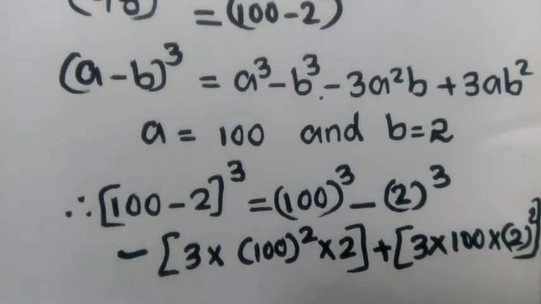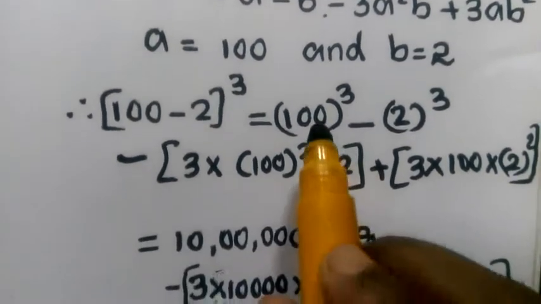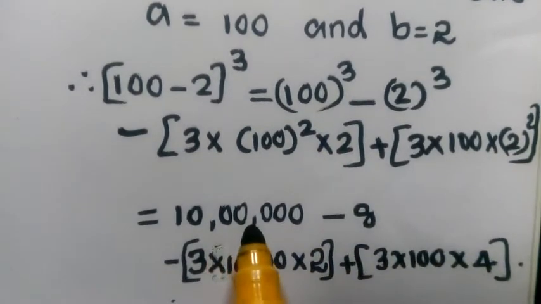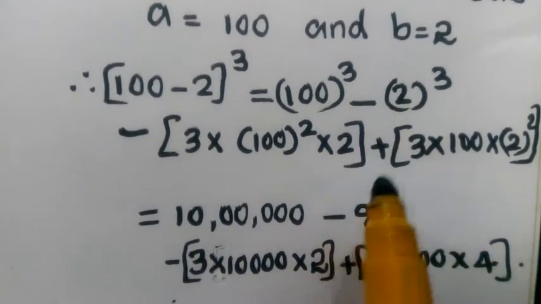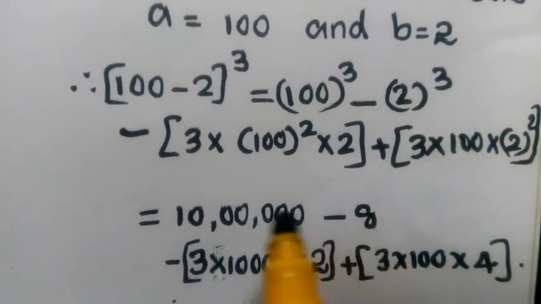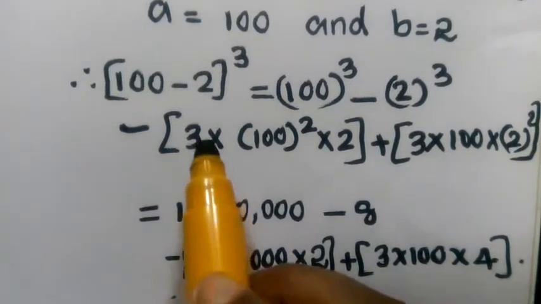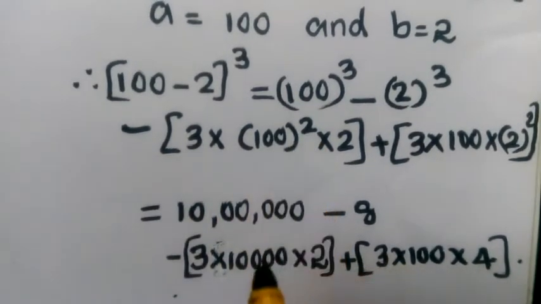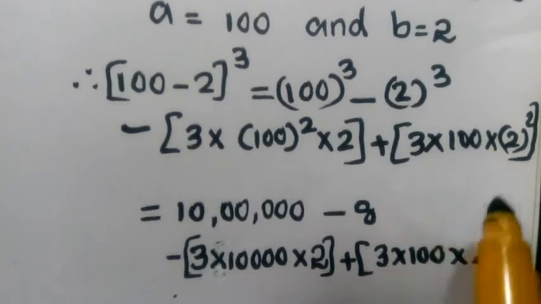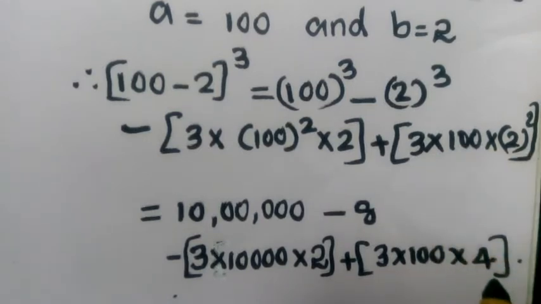By solving this, we get 100 cube is 10 lakh, minus 2 cube is 8, minus 3 into 100 square. 100 square is 10,000 into 2, plus 3 into 100 into 2 square is 4.